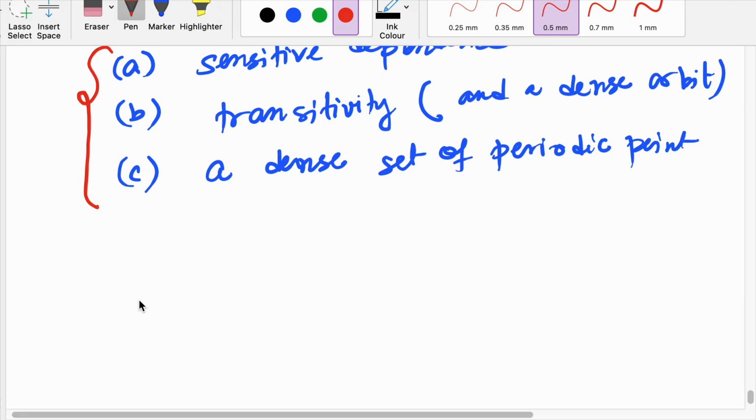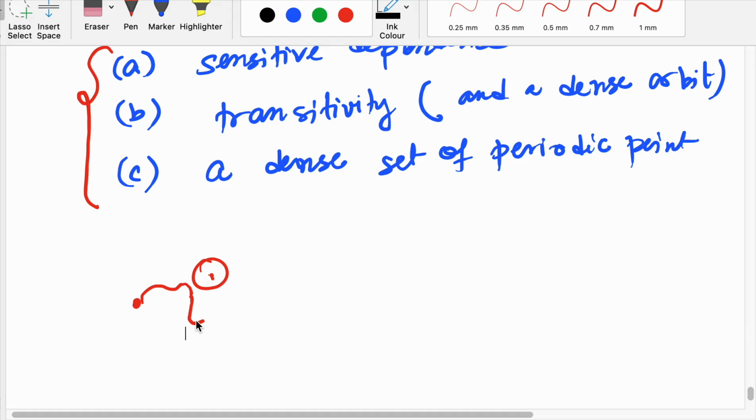So whenever an initial condition goes very close to a periodic point, it will be repelled. And since there is a very dense set of periodic points, whenever an initial condition after some iteration reaches toward a particular periodic point, it will be repelled by that and go towards some other periodic point, which will also repel it, and that's why it wanders around the whole space.